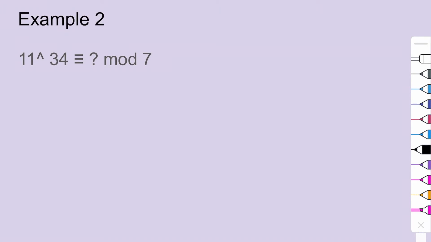Now let's take a look at example 2. First, we know that the number 7 is a prime number, so we can use Fermat's little theorem in this problem. According to the rule, any number to the 6th power is going to be equivalent to 1 mod 7.